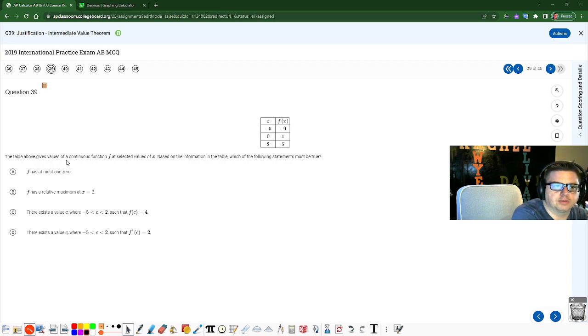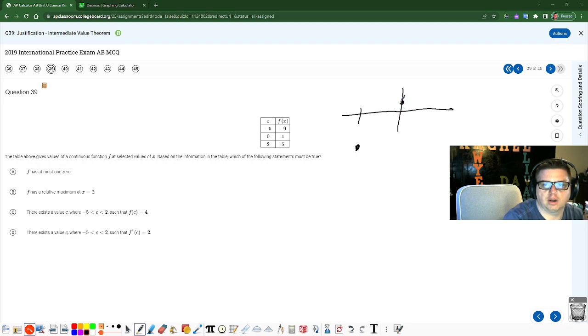The table above gives values of a continuous function f at selected values of x. Based on the information on the table, which of the following statements must be true? F has at most 1 zero. Okay, well, let's talk about this. At -5, we are at -9.